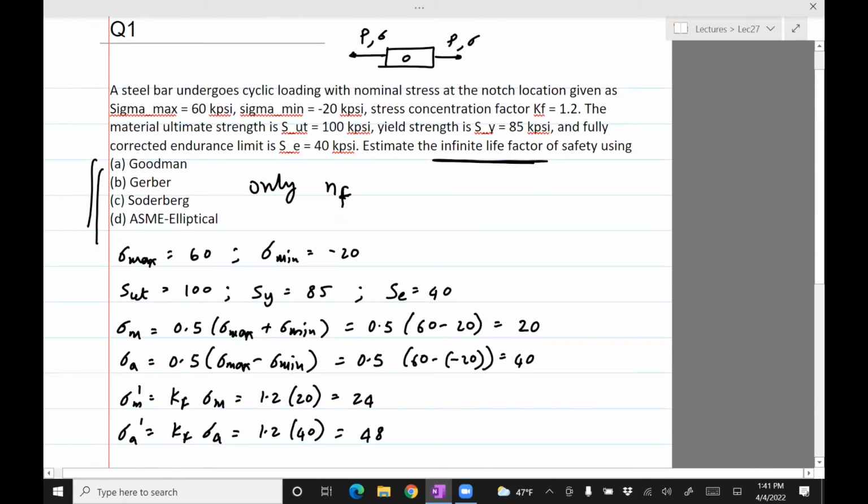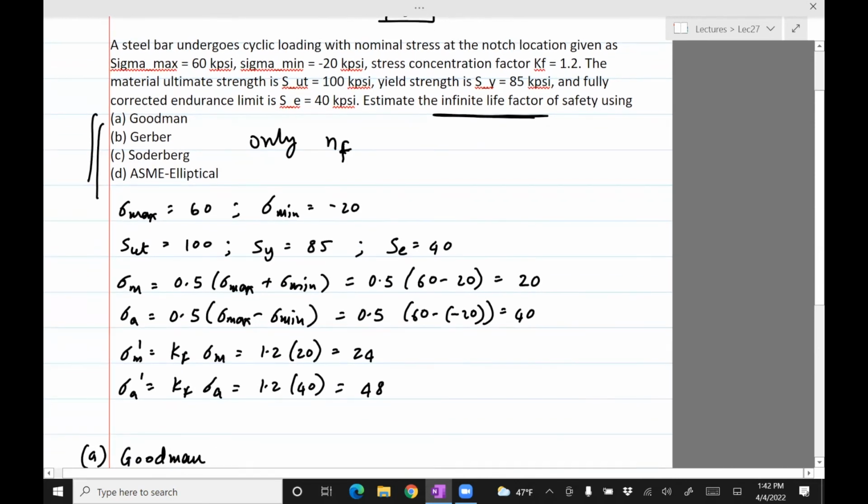I mean, that's the question we did in the previous section. It is a very valid question where you are told to compute if the material under the loading condition will fail in infinite life, and then I can combine it with the previous sections and say if it's going to fail in finite life, then what is the life expectancy? For that, you'd have to go back to the SN equations and get that.